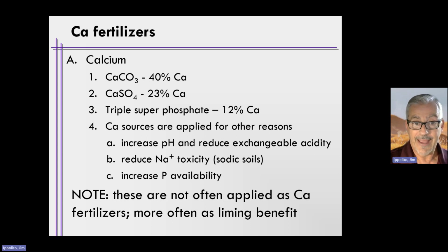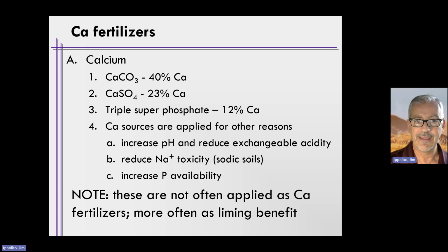But more often than not, calcium sources are applied for other reasons. For example, and we just mentioned some of these, we use calcium sources to increase pH and reduce exchangeable acidity, right? That's number one in the list above. That's calcium carbonate, CaCO3. We add a calcium source to reduce sodium toxicity, especially in sodic soils.